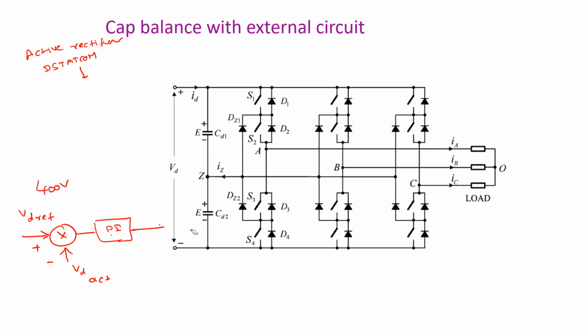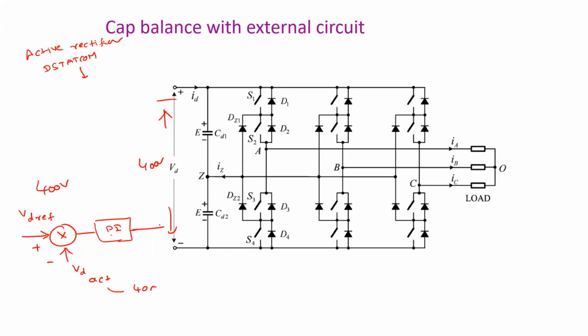If you have properly tuned the PI controller and it is working properly, you will get 400 volts here.